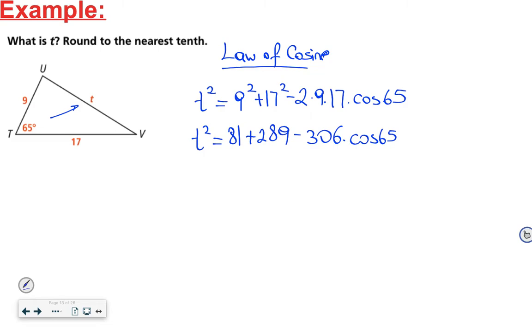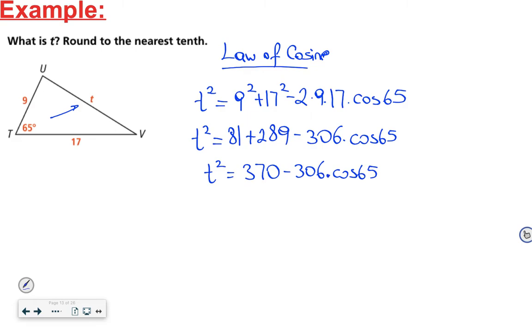If you add them up, 81 plus 289 is 370, minus 306 times cosine 65. Be careful, ladies and gentlemen, you cannot subtract 306 from 370 because there is a multiplication over here.